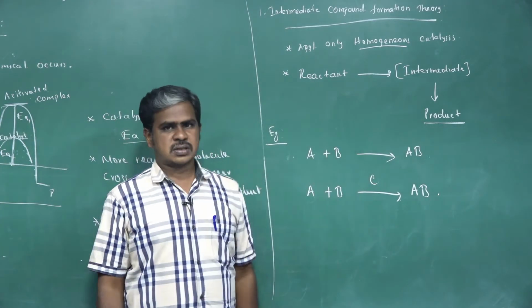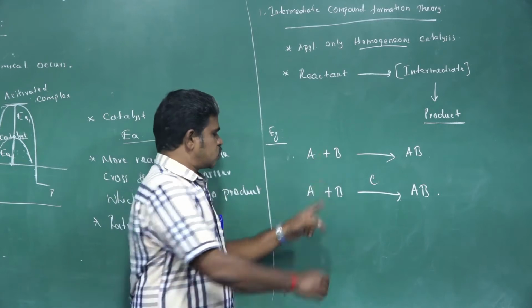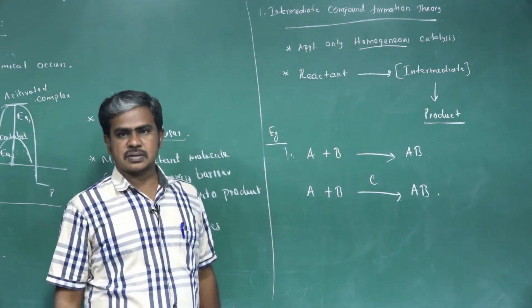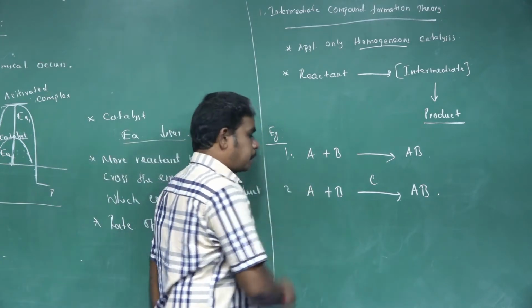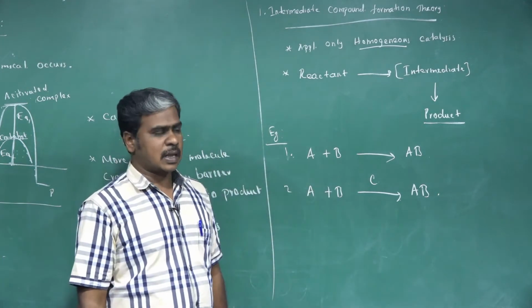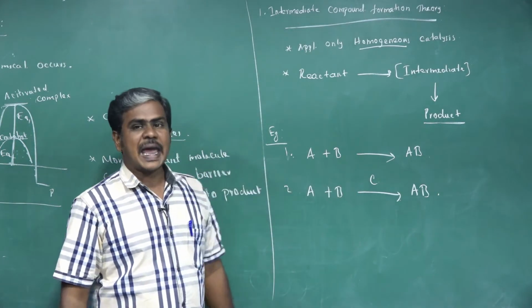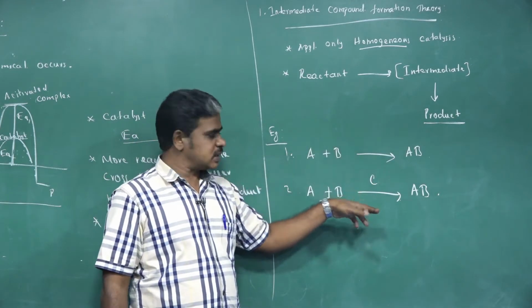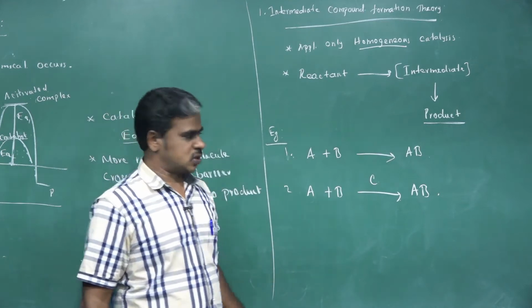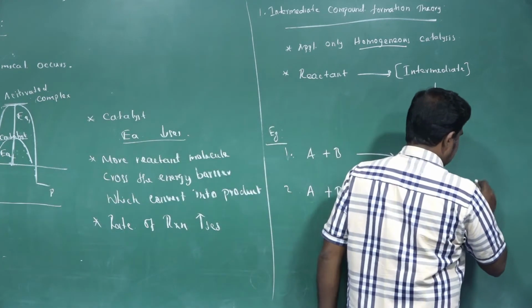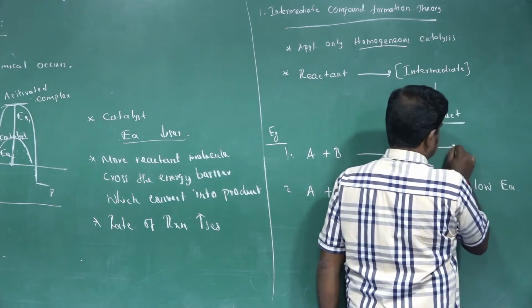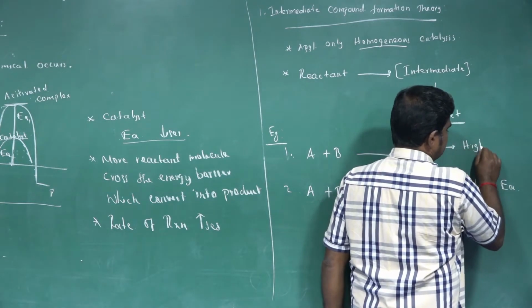What is the difference between these two? The first is in the absence of a catalyst, the second in the presence of a catalyst. Then, what about the activation energy? The activation energy decreases in the presence of a catalyst. So this has a low EA value and that has a high EA value.